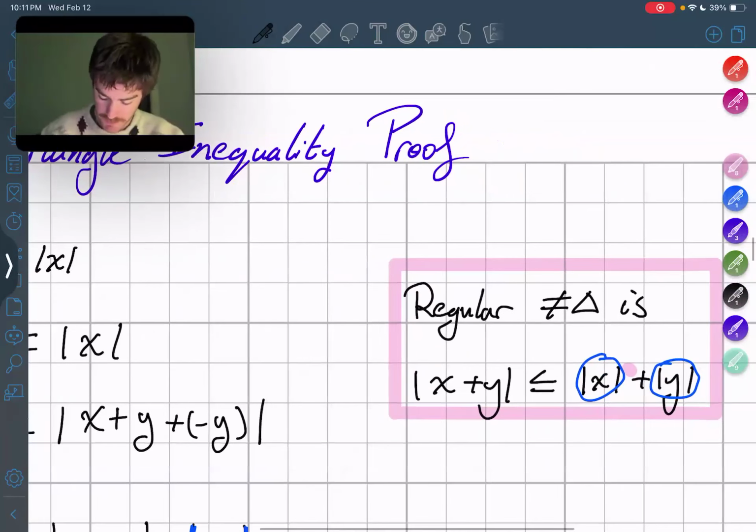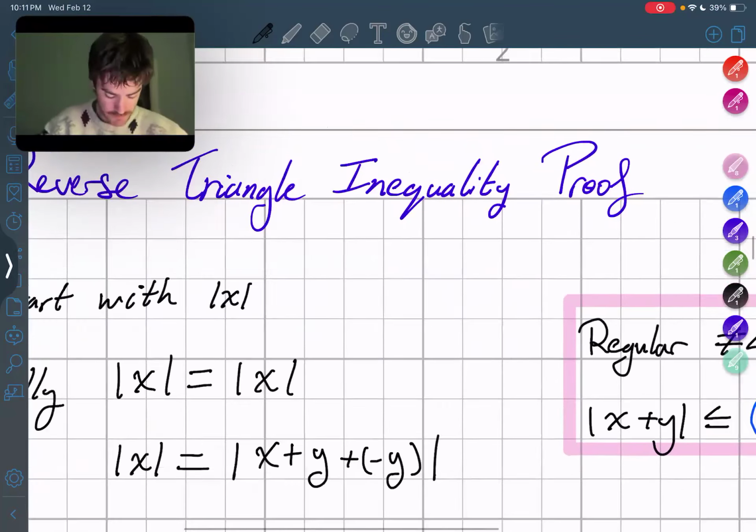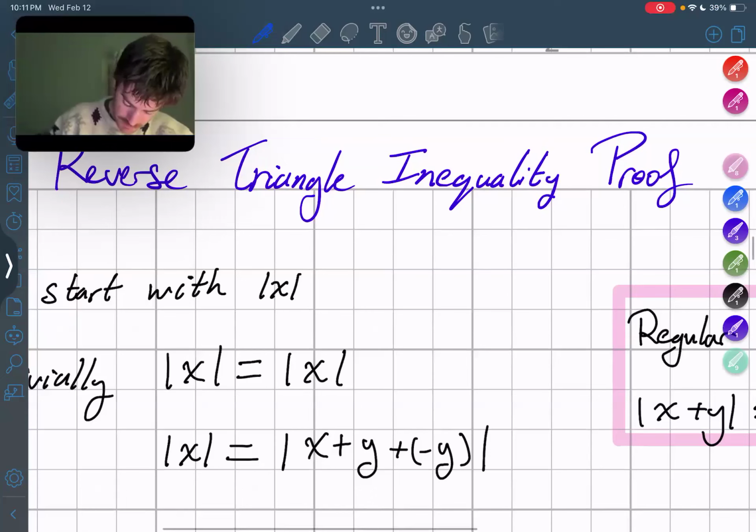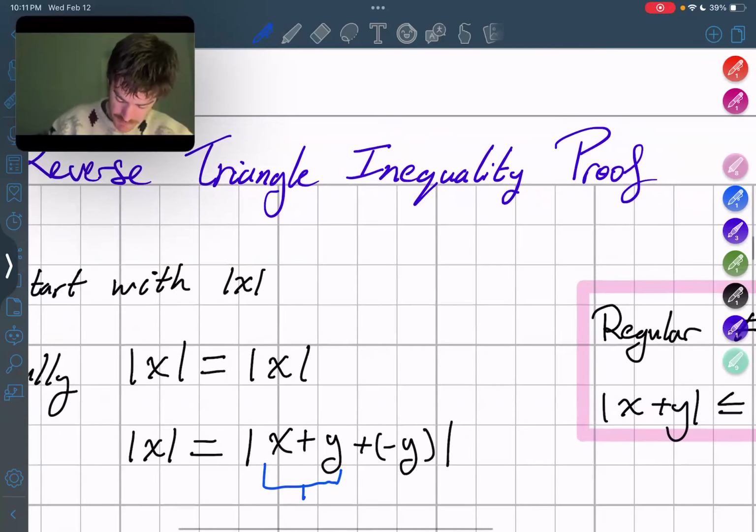We're going to come over here and remember the regular triangle inequality, which is, in its most abstract form, the absolute value of one number plus another number is always less than or equal to the absolute value of that first number plus the absolute value of that second number. And since the reals are closed under addition, I'm going to treat x plus y as one number, and I'm going to treat negative y as another number.